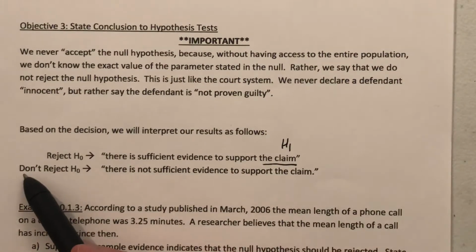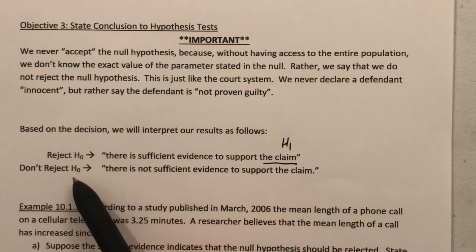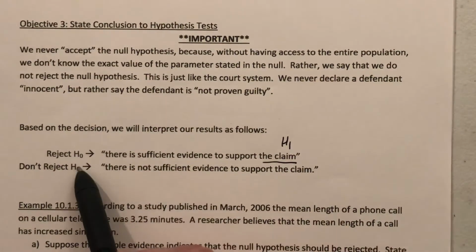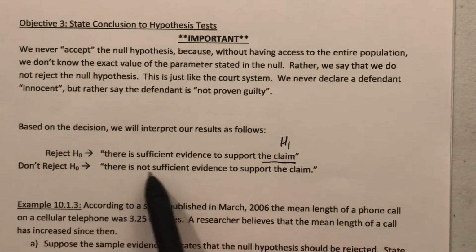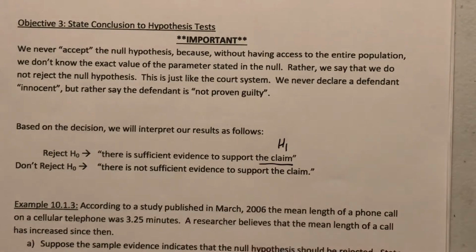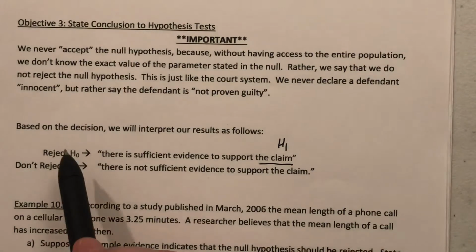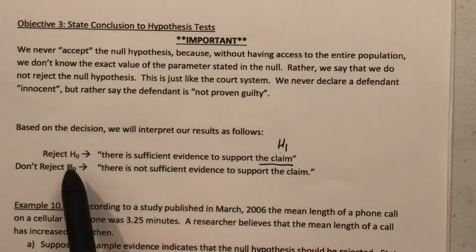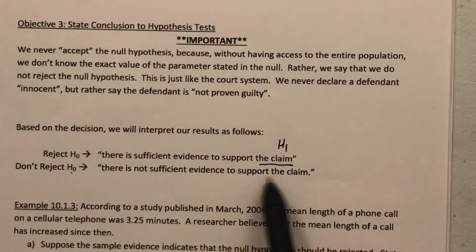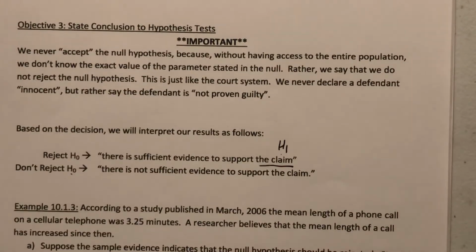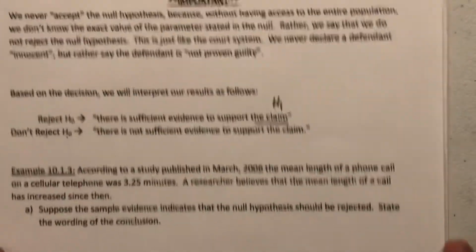But if we run our test and the evidence is not strong and we don't reject the null, we're not going to say there's sufficient evidence to support the null. We're just going to say there was not sufficient evidence to support our claim. So rejecting the null means we can support it, but not rejecting the null means we can't support that statement we were trying to test.